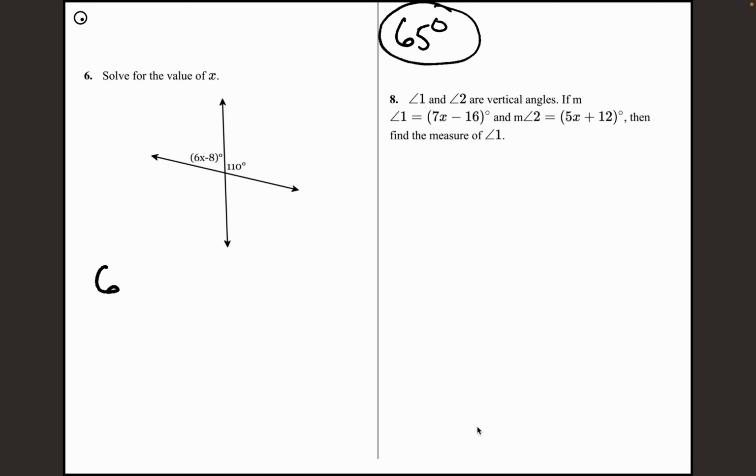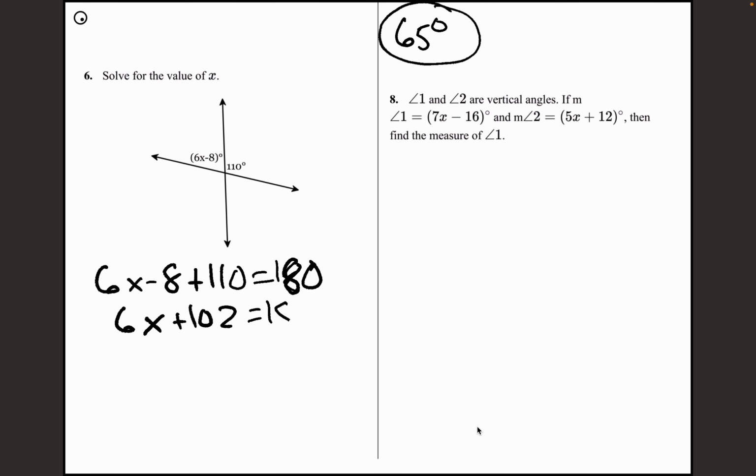So on this one, we got to do 6x minus 8 plus 110 equals 180 degrees. Combine our numbers. We have 6x plus 102 equals 180. Subtract our 102. And what's 180 minus 102? And what is 78 divided by 6?